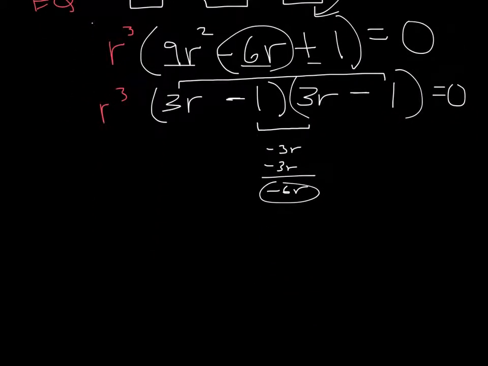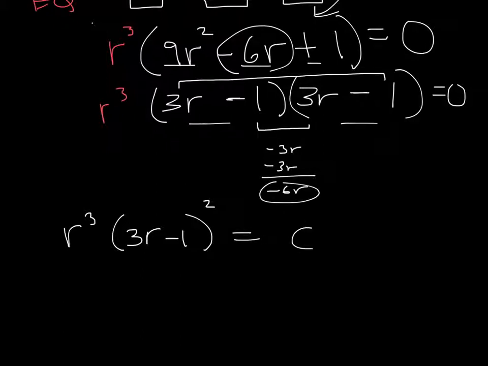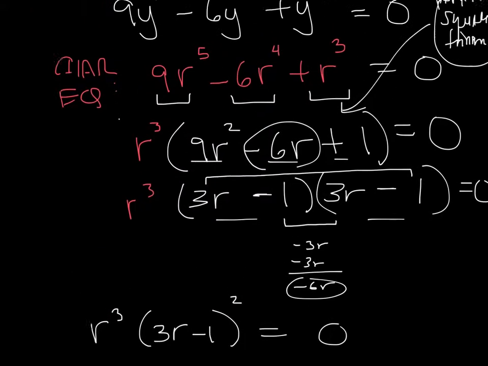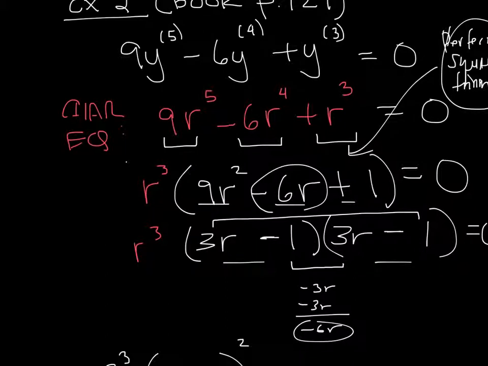So let me just go ahead and rewrite. So r cubed times 3r minus 1 squared, and notice they just squared it, right, because it's really just a repeated factor. And again, your exponents should add up to the number of roots that you're going to obtain. So it matches. 2 plus 3 is 5, and obviously our differential equation, our order is 5.